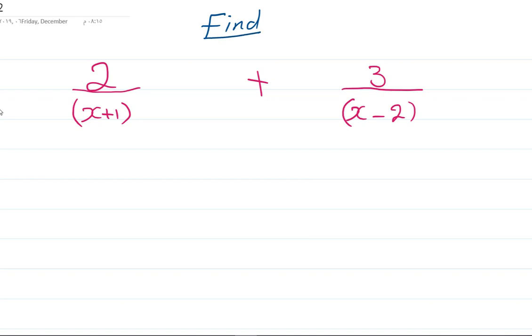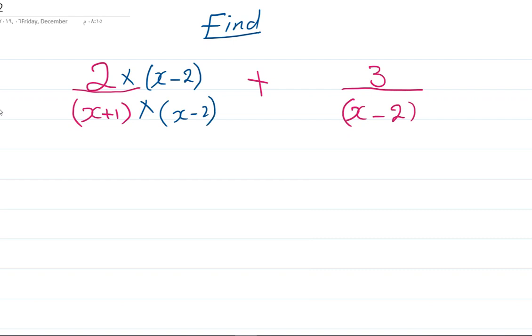So how can I find it? As I said before, I have to make a single fraction, meaning I want a common denominator, the lowest common multiple. So I'm going to multiply up and down by x minus 2, and here also x minus 2.